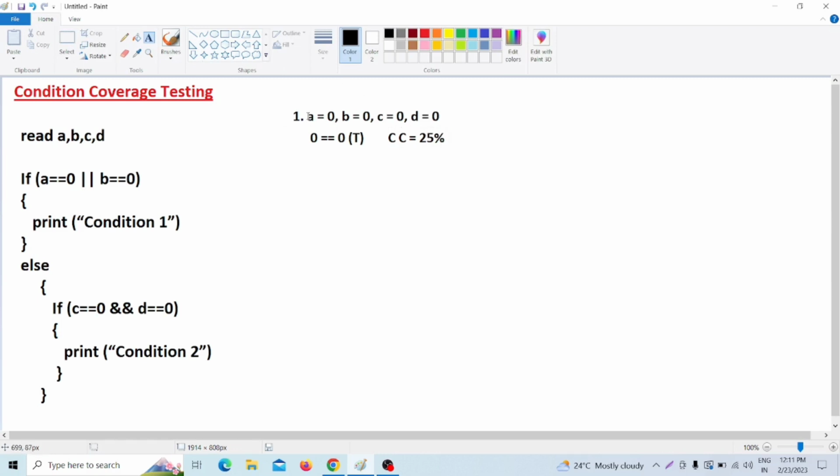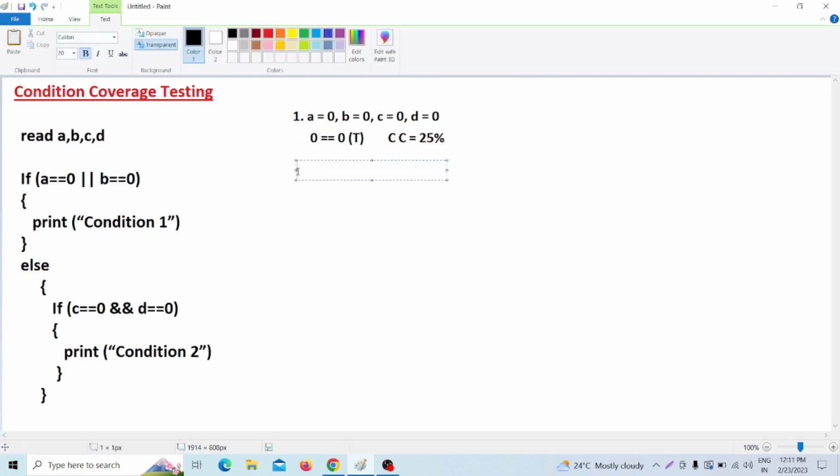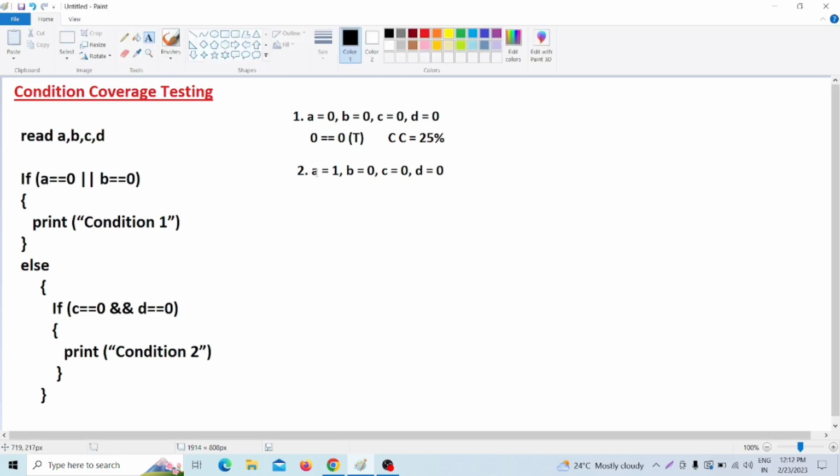Now I am taking one example, let's say this is case 2. In case 2 we take the values A equals 1, B equals 0, C equals 0, and D equals 0. So this is my second condition, where A equals 0, B equals 0, C equals 0, and D equals 0.